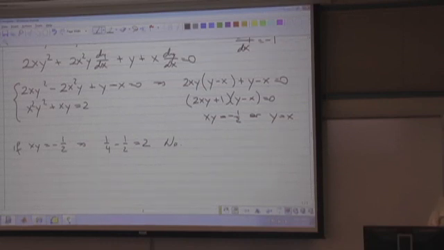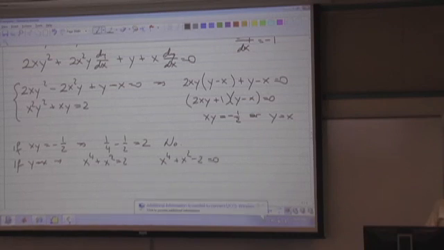And so if y is equal to x, then, let me write it out, I have x to the 4th plus x squared is equal to 2, which is equivalent to x to the 4th plus x squared minus 2 is equal to 0.